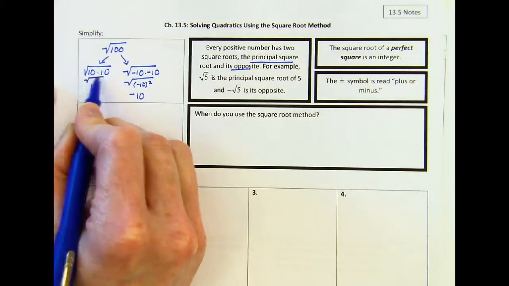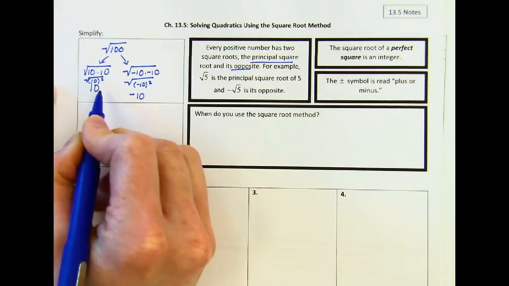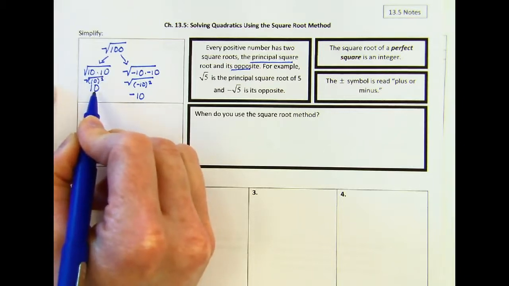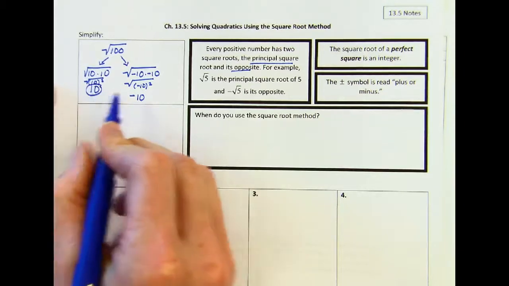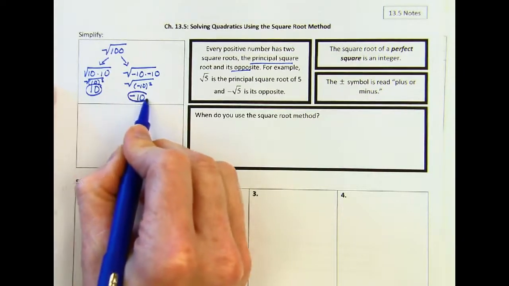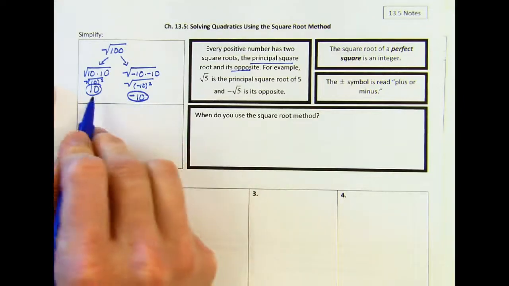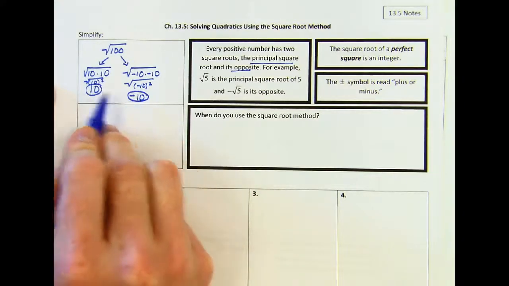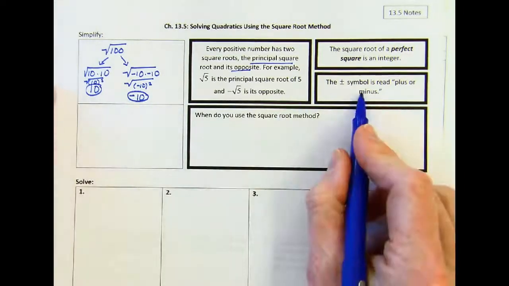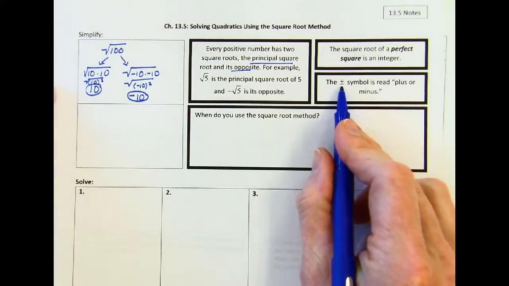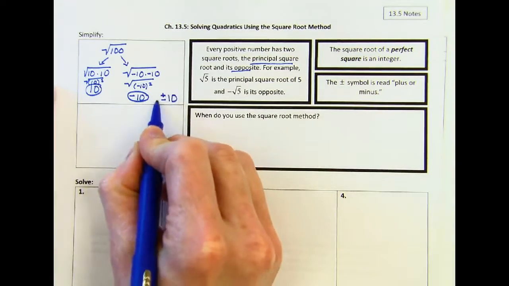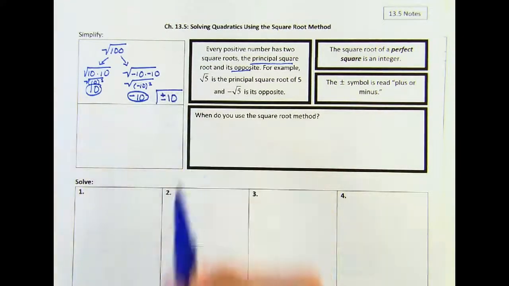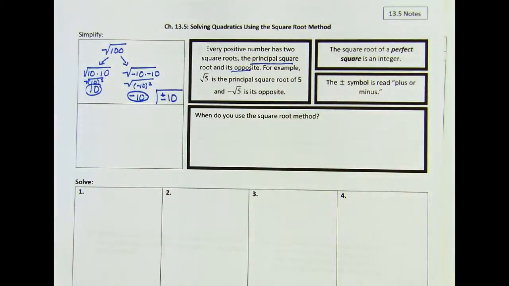Same thing over here, you've got 10 squared, it'll be 10. So you have the principal square root, which is the positive 10, and you have its opposite of negative 10. Now, this is an example of where you can write your answers separate, or over here, you can use the plus minus symbol. So you could simply say plus minus 10 is the square root of 100.